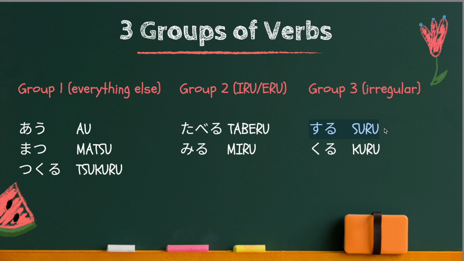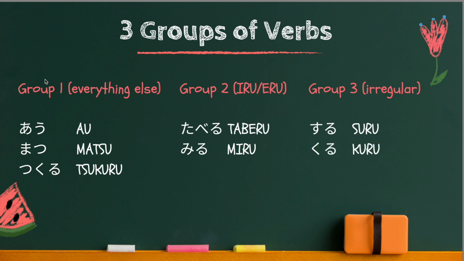In masu form, this is shimasu, meaning to do. Kuru means to come. In masu form, this is kimasu. So group 3 has only 2 verbs, suru and kuru. So remember, group 3 is suru and kuru.